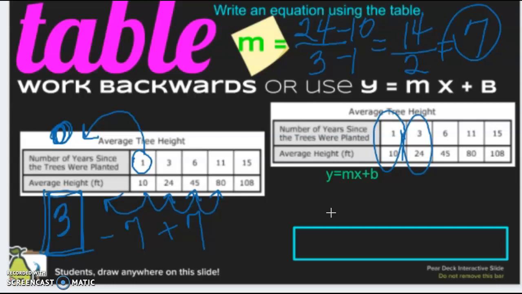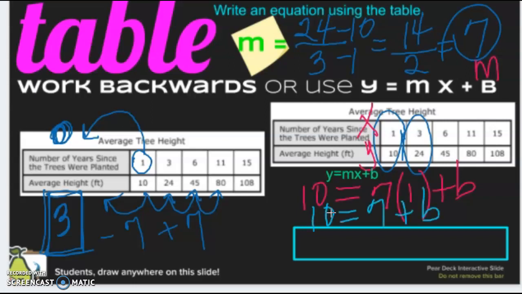Okay, if you're going to use y equals mx plus b, you use an x, you use a y, and you use your m. Instead of y, I'm going to say 10 is equal to, instead of m, I'm going to say 7, times, instead of x, I'm going to say 1, plus b. If we simplify this, we get 10 is equal to 7 plus b.